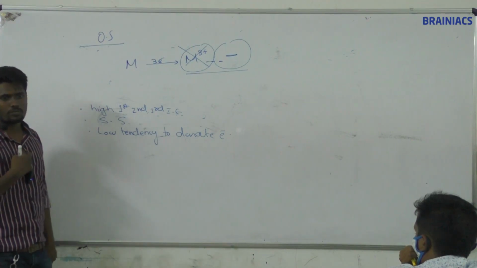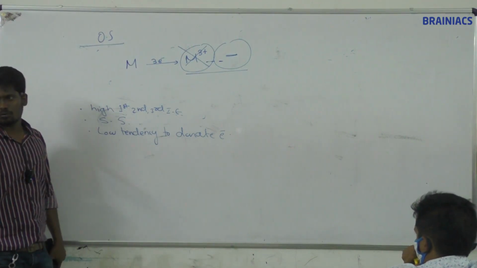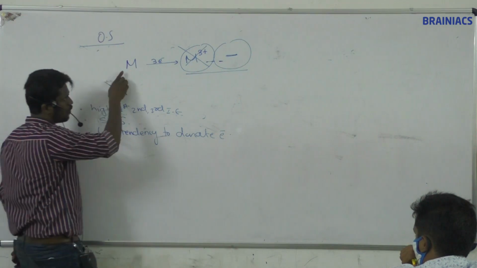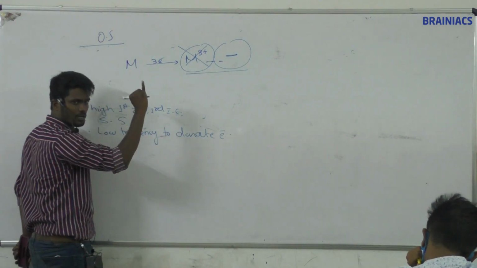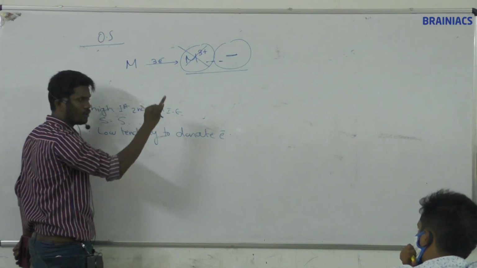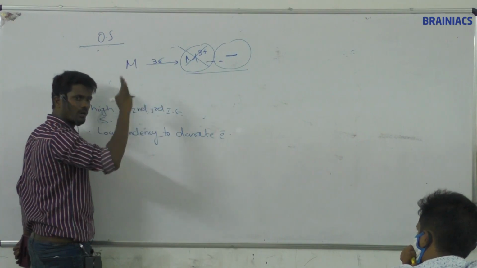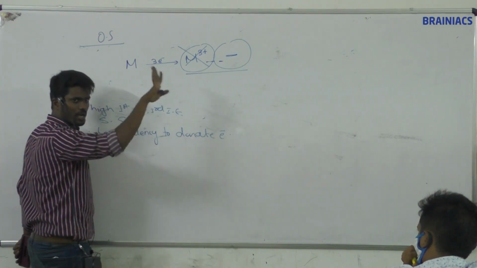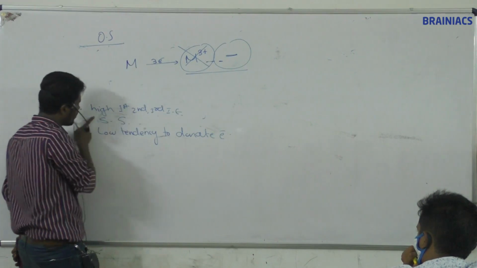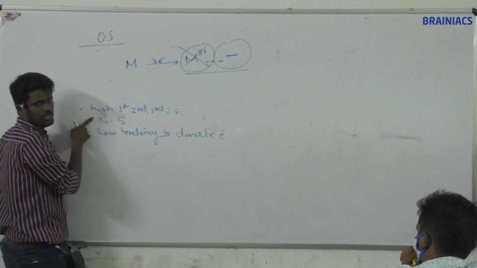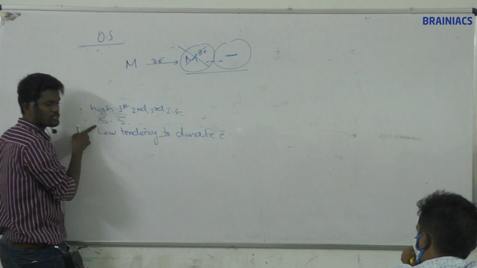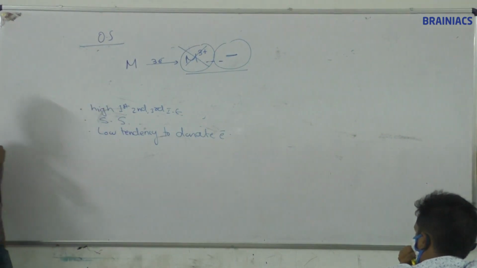Boron can only form covalent bonds, all due to high first, second and third ionization energy, smaller size and low tendency to donate electrons.